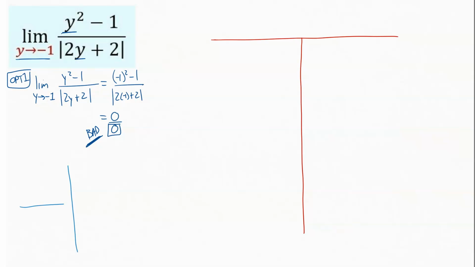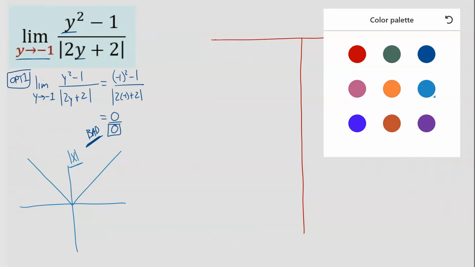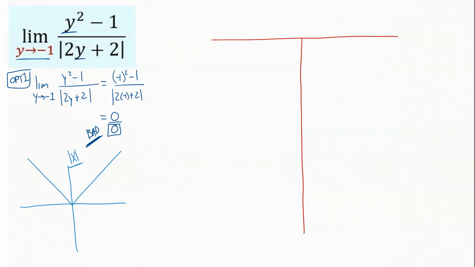So if you think about your standard absolute value graph, which is just a V that sort of bounces right here, this is the graph of the absolute value of x. Well, when you break this up, what you really get on this right-hand side is the graph of y equals x. And on the left side, this is the graph of y equals -x.